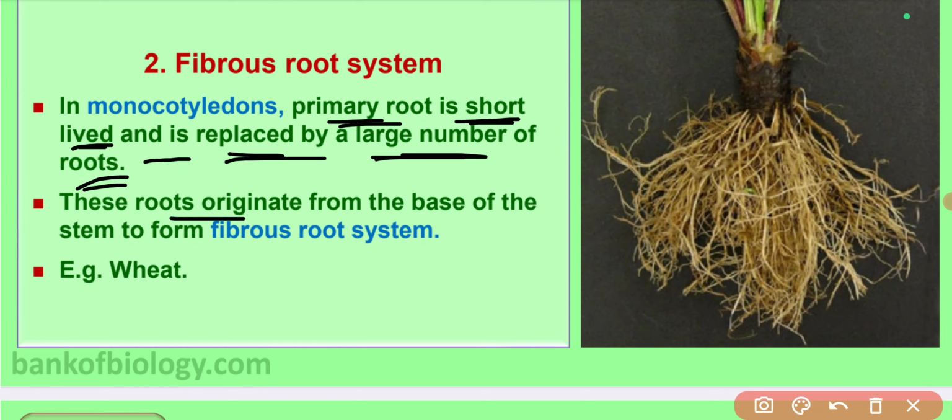These roots originate from the base of the stem to form the fibrous root system, as you can see from here. Example, wheat.